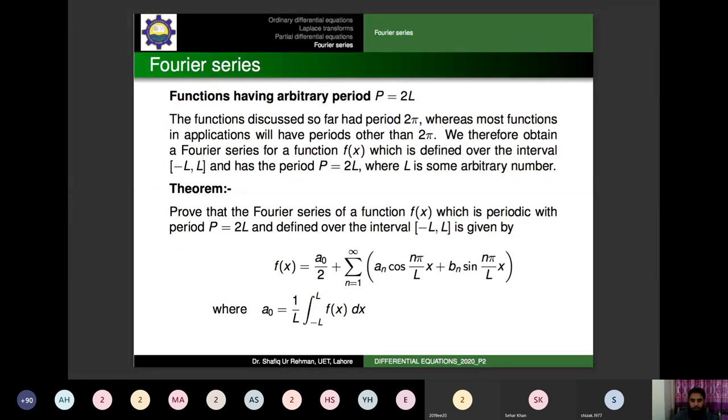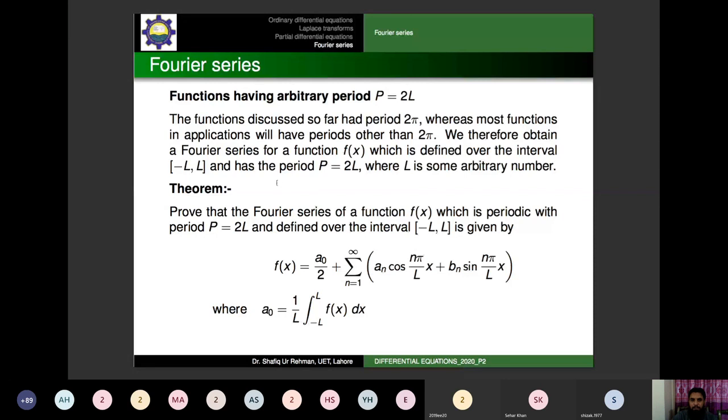So we will be having 2L as the period of that function, where L is an arbitrary number, like minus 1 to 1, for example, minus 2 to 2, for example. So in this case, we will be having an arbitrary period other than 2 pi. We set 2L as the period, and then we will look into the value of L so that we can compute a naught, an and bn.